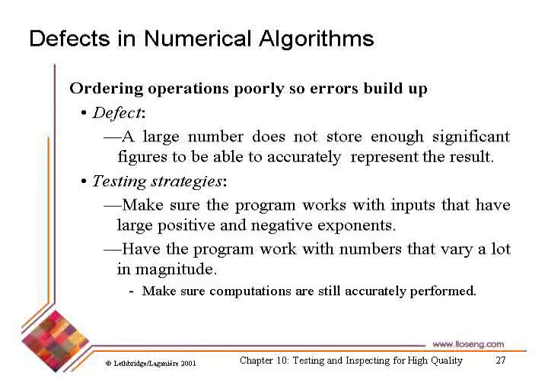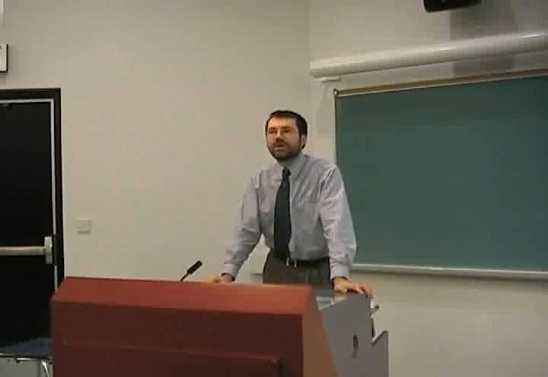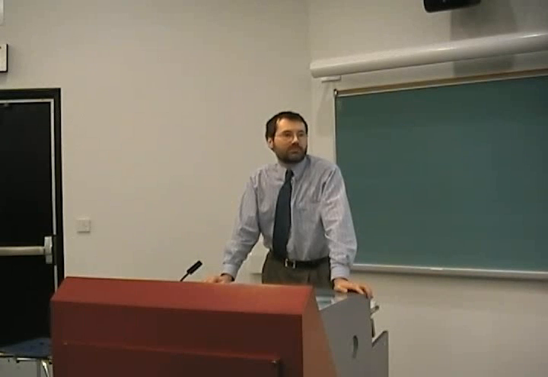The classic example of ordering operations poorly so errors build up occurs when subtracting. If I have floating point numbers and I subtract a very small number, let's say 1, from a very large floating point number, let's say 10 to the 20th, which could happen in physics, okay? Or let's even say 10 to the 14th, some number that could be reasonable in certain kinds of calculations.